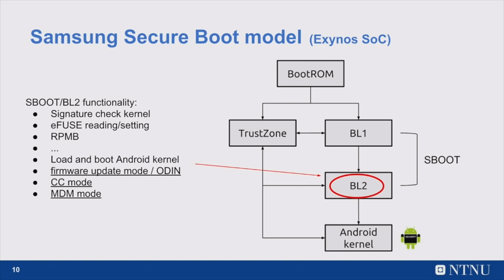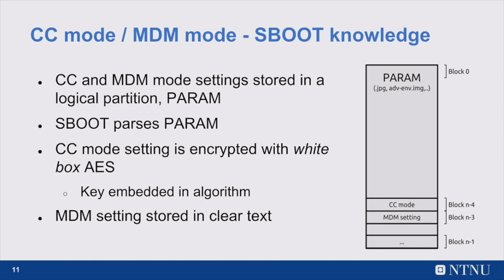Now it turns out that MDM mode is written in plain text directly to the PARAM partition. But CC mode is encrypted with a white box AES function, which means that the SBOOT can read this blob, and it has the decryption function for the white box AES, so it can decrypt the configuration data and see if CC mode is on or off.